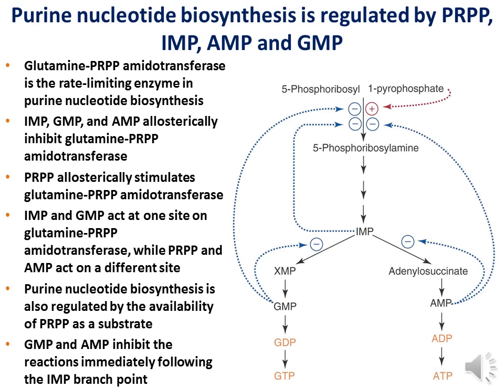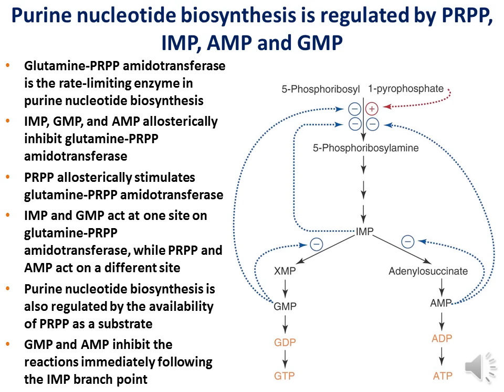Let's talk about the regulation of purine nucleotide biosynthesis. Purine biosynthesis is regulated allosterically by PRPP, IMP, AMP, and GMP. As I've mentioned before, glutamine PRPP aminotransferase is the rate-limiting enzyme in purine nucleotide biosynthesis.